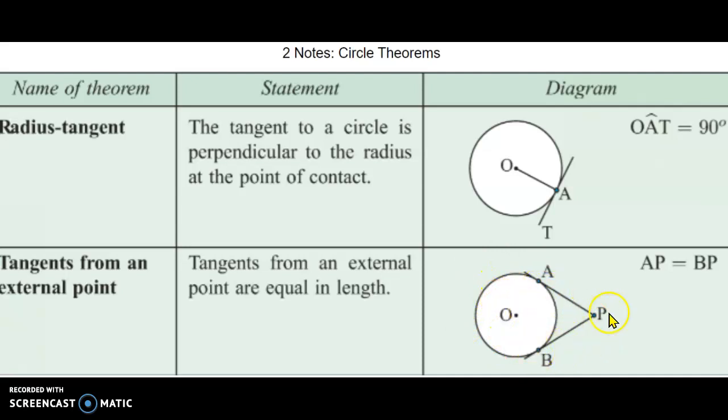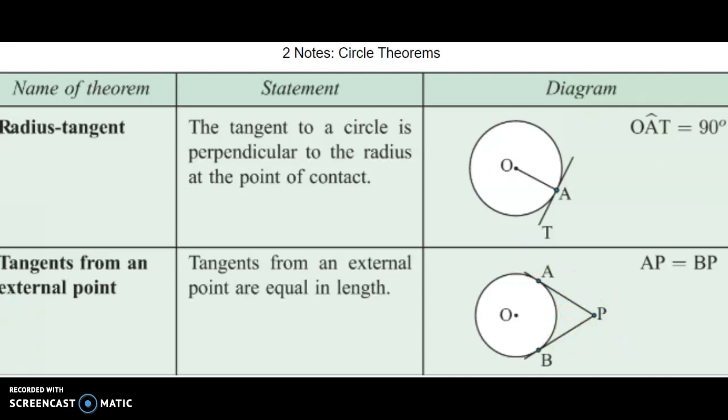So AP and BP are equal in length. You can think about it like a bird's beak, a very straight bird's beak. AP and BP are equal.